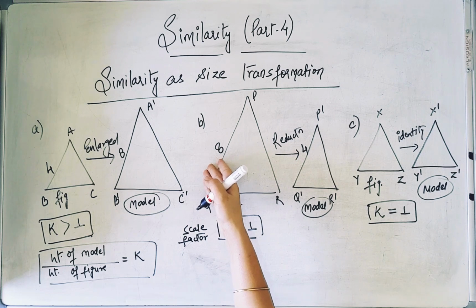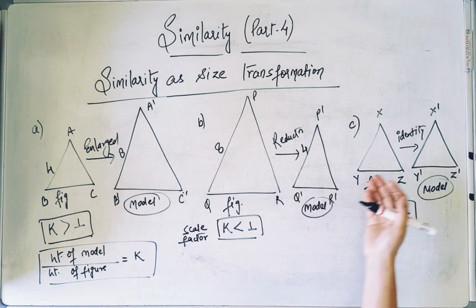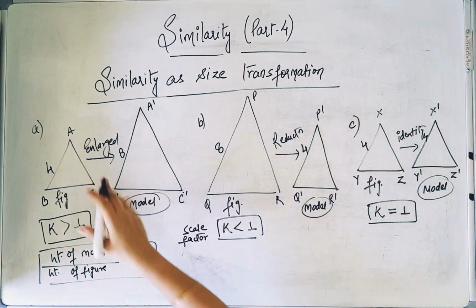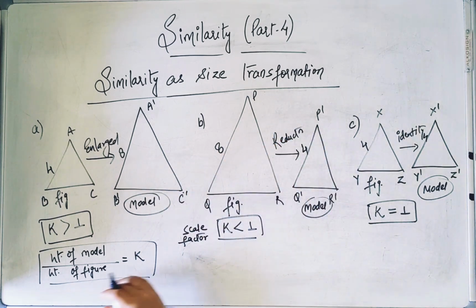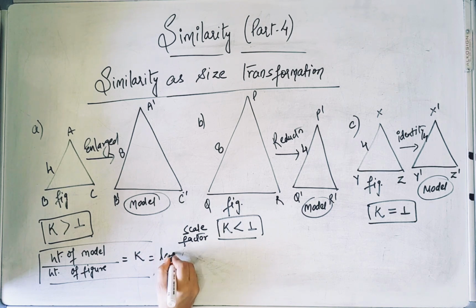That means the height of the figure is 4 and the height of the model is 8. We can say length of the side, length of model upon length of figure, and this is equal to the length also.